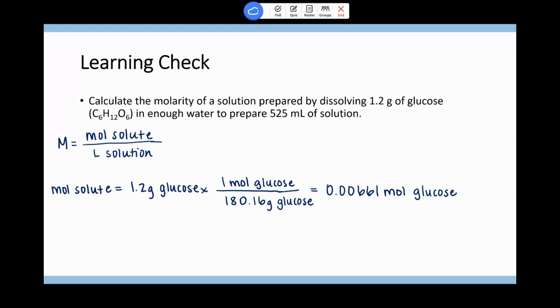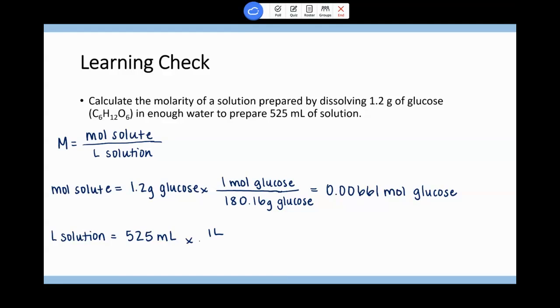Yes, so if we were ending the calculation here, it should be 2 significant figures, but we're not done with the calculation. We still need to calculate molarity, so we'll keep some extra sig figs here, so we're not rounding too early. Okay, so we have moles of the solute. Now we need liters of solution. We have 525 milliliters.